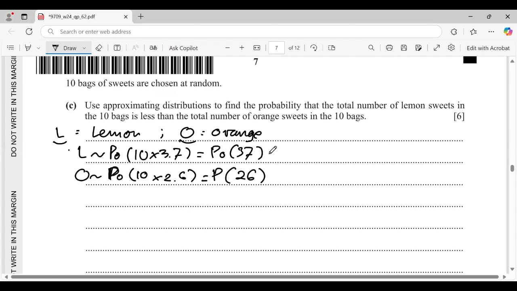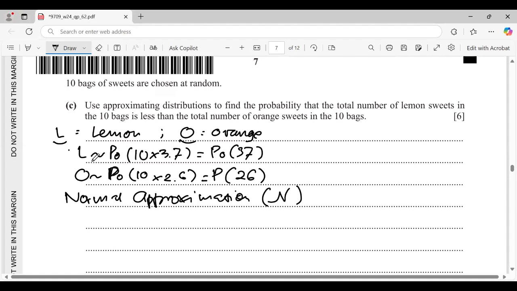Since the means are relatively large, we can use normal approximation. This is the normal approximation symbol.